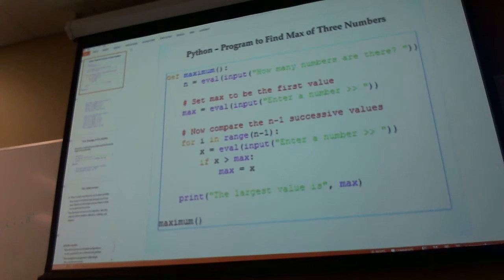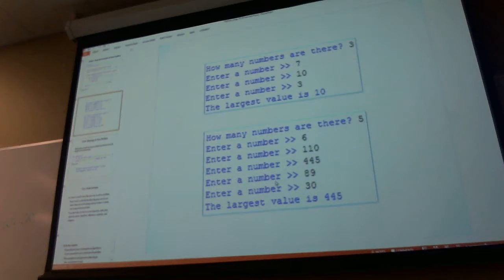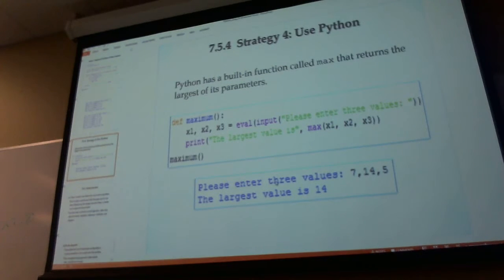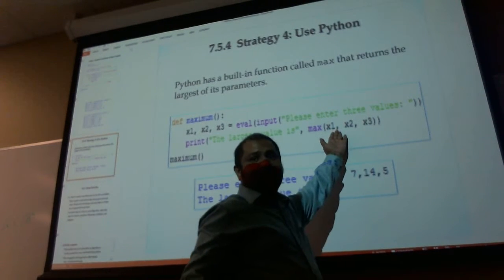So this one we already done it, we already uploaded. And the second one, this is the output for the program, and this is simple. For this problem, let's say maximum of n numbers, whatever.